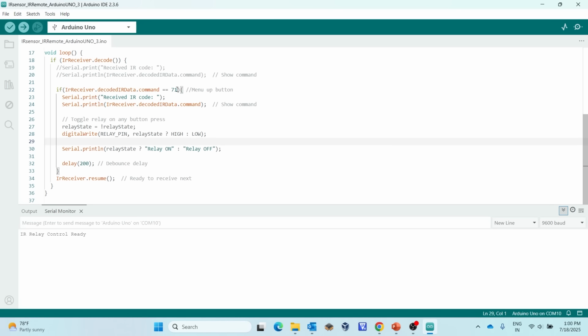You can take 0, you can take 1, any number based on the button data that has been transmitted. So I have taken 71 because if I press the menu button, 71 is transmitted from the TV remote, and that is being sensed by my IR obstacle sensor module.